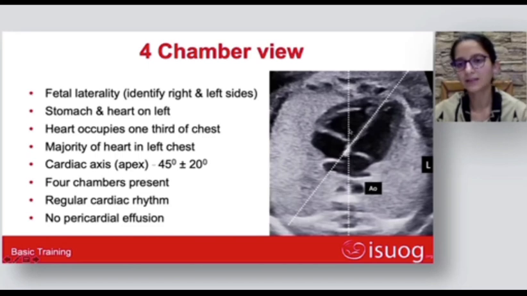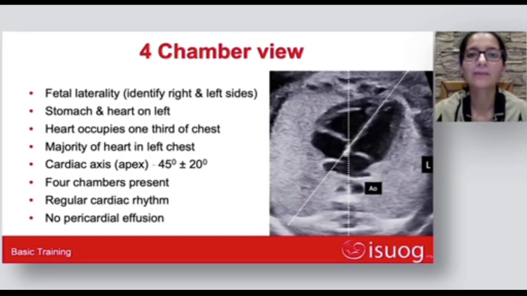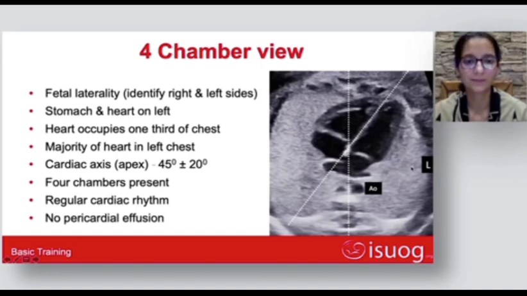And the angle that we see in between these 2 lines is the cardiac axis, which is normally 45 degrees plus minus 20 degrees. Cardiac axis can be altered in case of outflow tract anomalies of the heart, and that is why an abnormal cardiac axis is a red flag. Also, cardiac axis can be affected if there is some abnormality in the adjacent lungs.